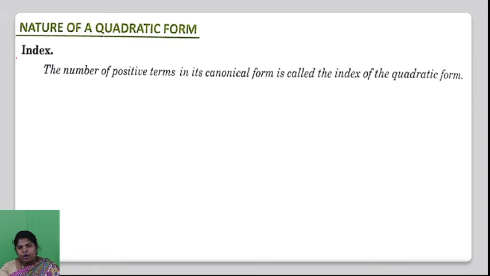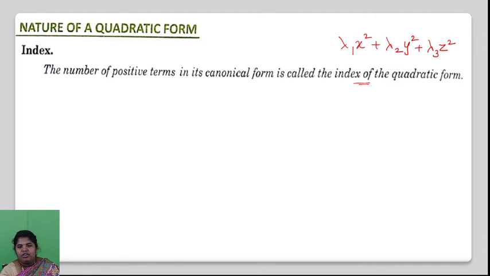The number of positive terms in its canonical form is called the index of the quadratic form. So we have seen what is a canonical form, an expression written in the form of lambda 1 x square plus lambda 2 y square plus lambda 3 z square, if x, y and z are the variables.